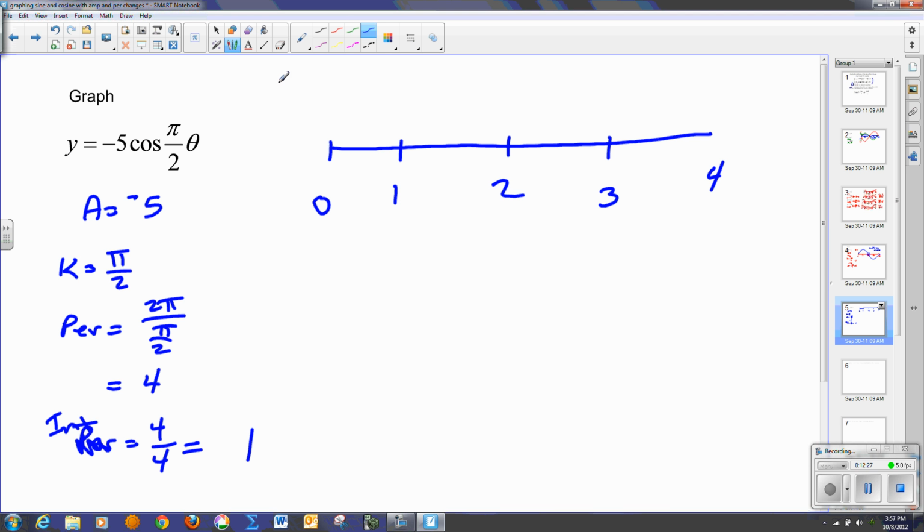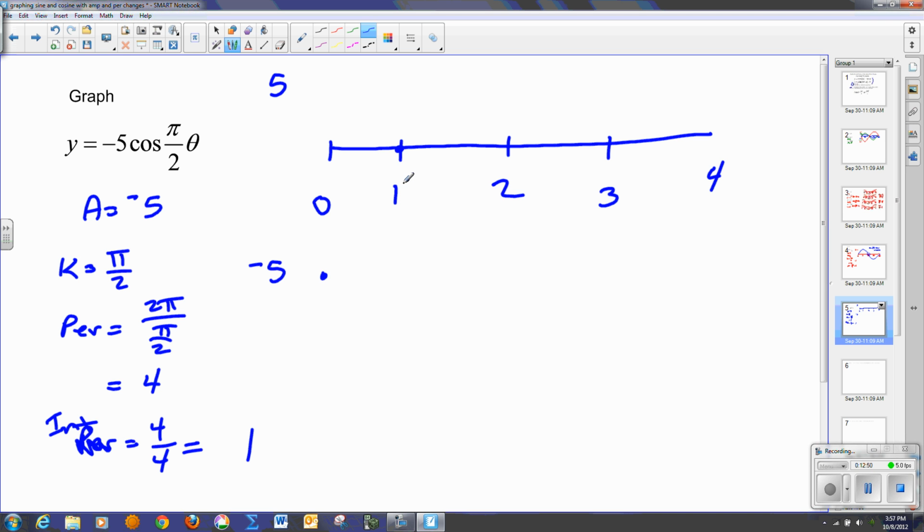Now, my amplitude is 5, so I'm going to go from 5 to -5. And in this case, normally my cosine value would have a y value or an amplitude value of 1, but since we're multiplying all my y values by -5, my first value is a negative.